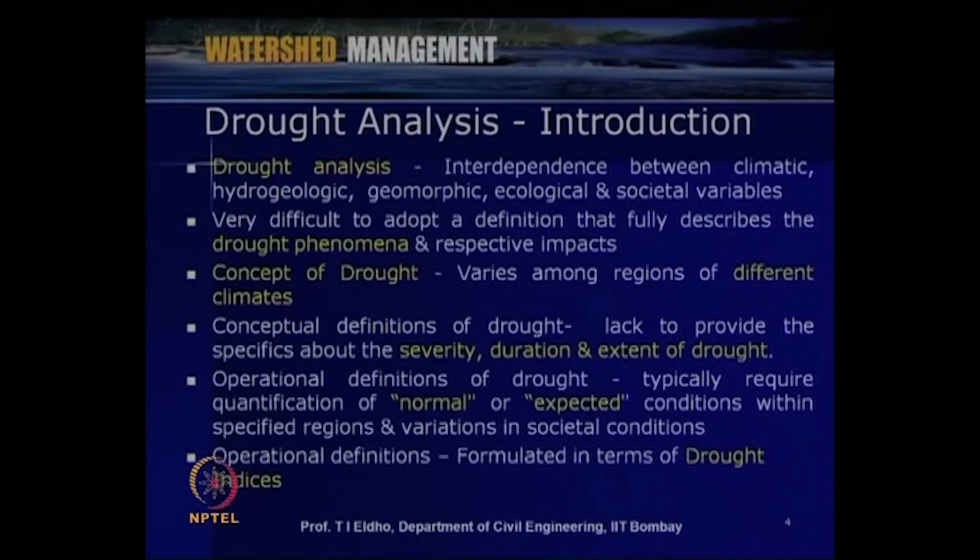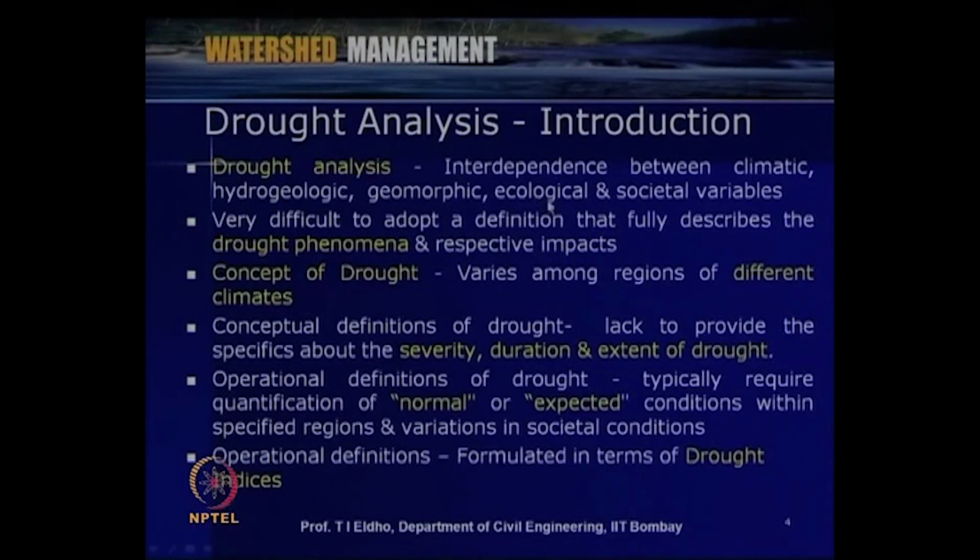So, when we discuss drought analysis, we have to see the interdependence between these various variables, which influence, like the climatic variables, hydrogeological variables or geomorphological variables. That way it is very difficult to adopt a definition that fully describes the drought phenomena and respective impacts.